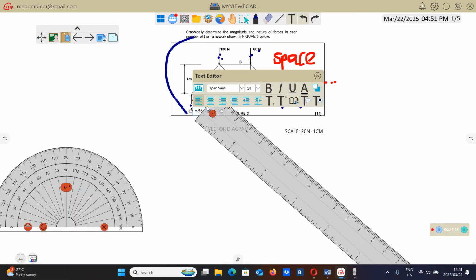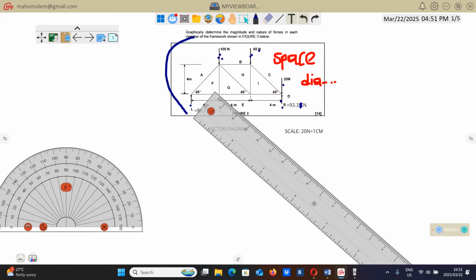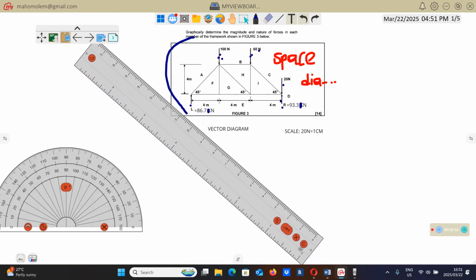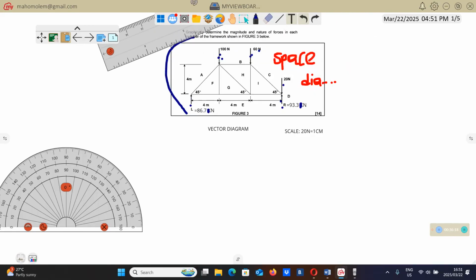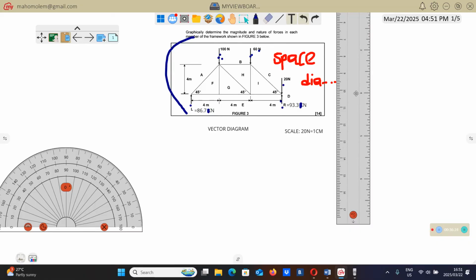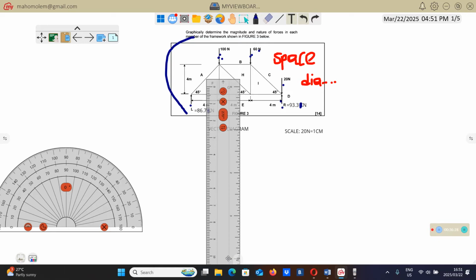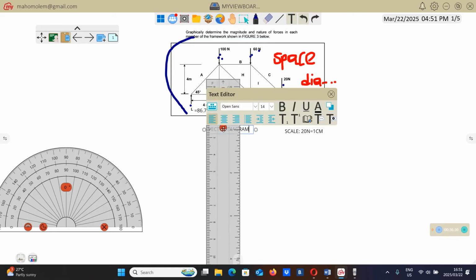Trying to turn this ruler. Good. I hope this ruler is vertical now.